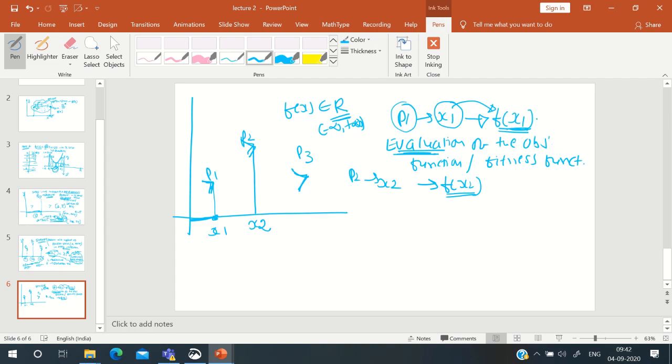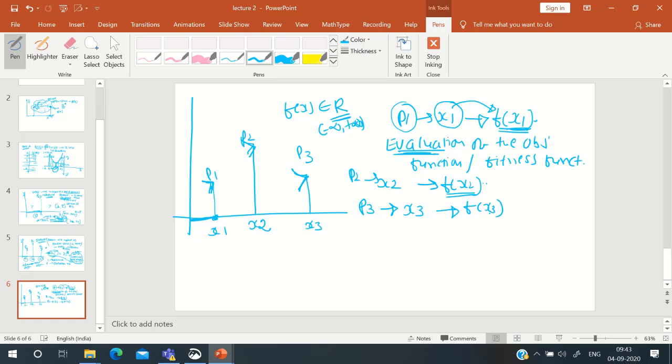So you will obtain some scalar value. Similarly for P3, we have initialized x3, and replace x3 in f of x, so you will obtain the function value f of x3. Okay, right?